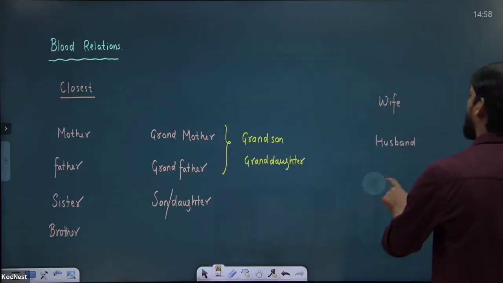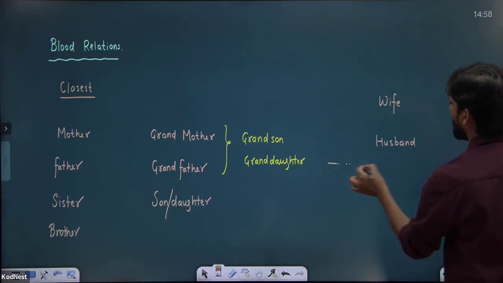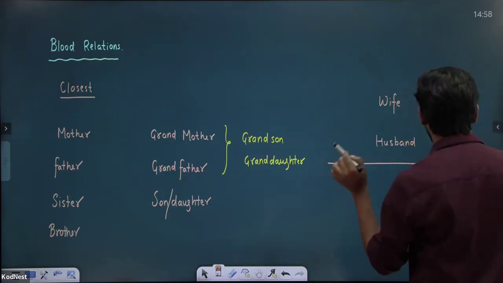Then one relation is husband-wife. And then there are other categories. Let me write separately.